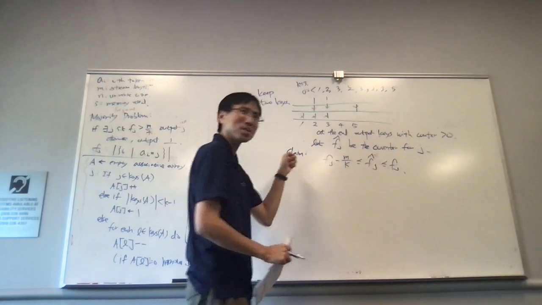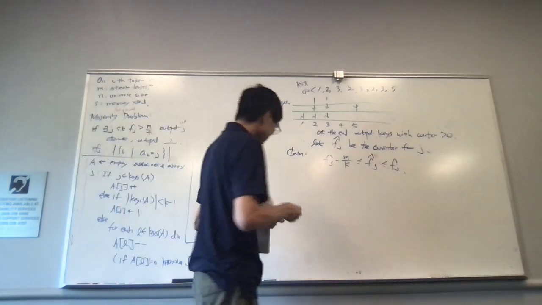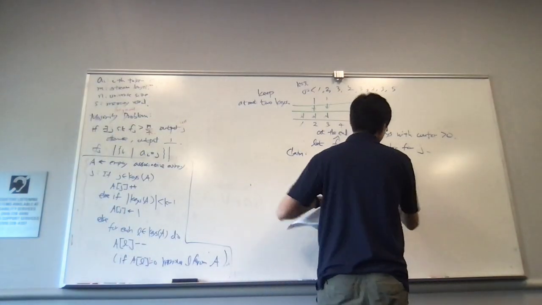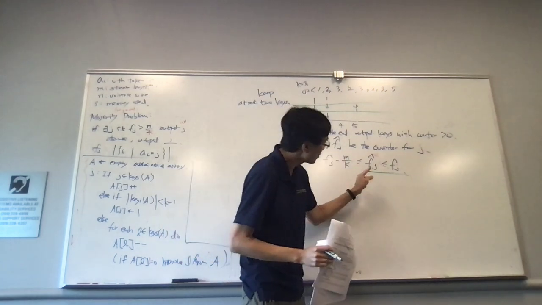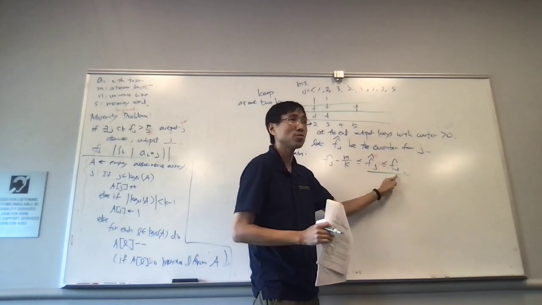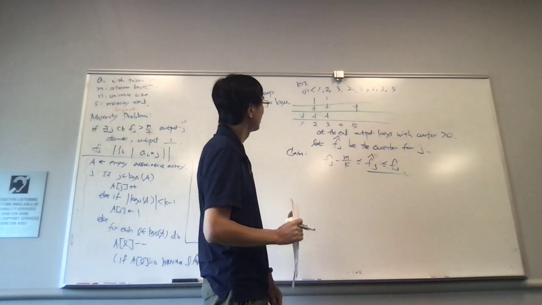Okay, this is why it's true. Let's first think about f_j. There are two parts. The first part of the claim: my estimate is no more than the actual frequency. So what happens here?